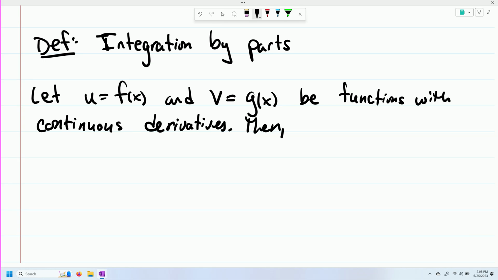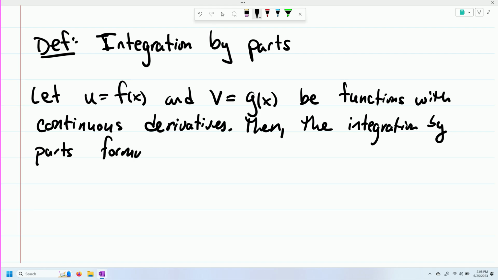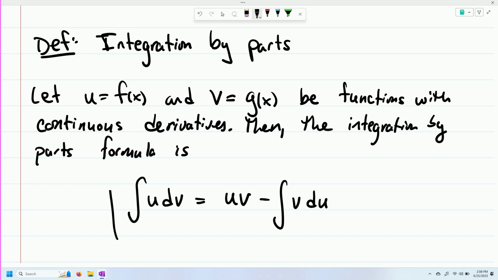Then the integration by parts formula is the integral of u dv equals uv minus the integral of v du.